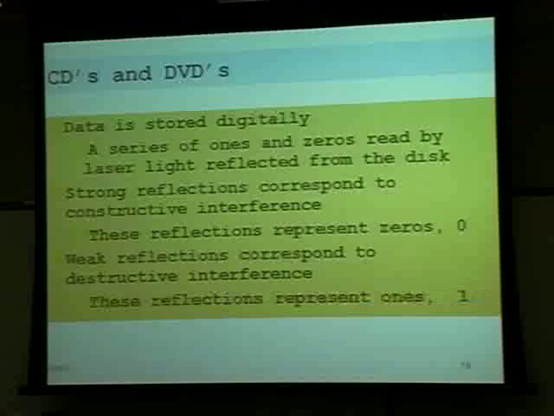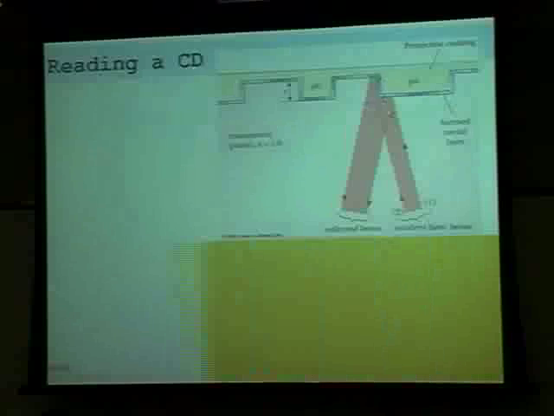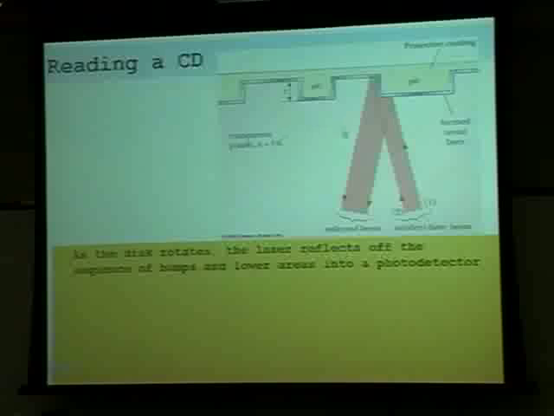So we get a digital readout from the reflected light off of the disk. Now the way to do that is if I have a series of pits, with a rectangular profile here, light could reflect off the pit and off the top at the same time, and you could have interference between the two.